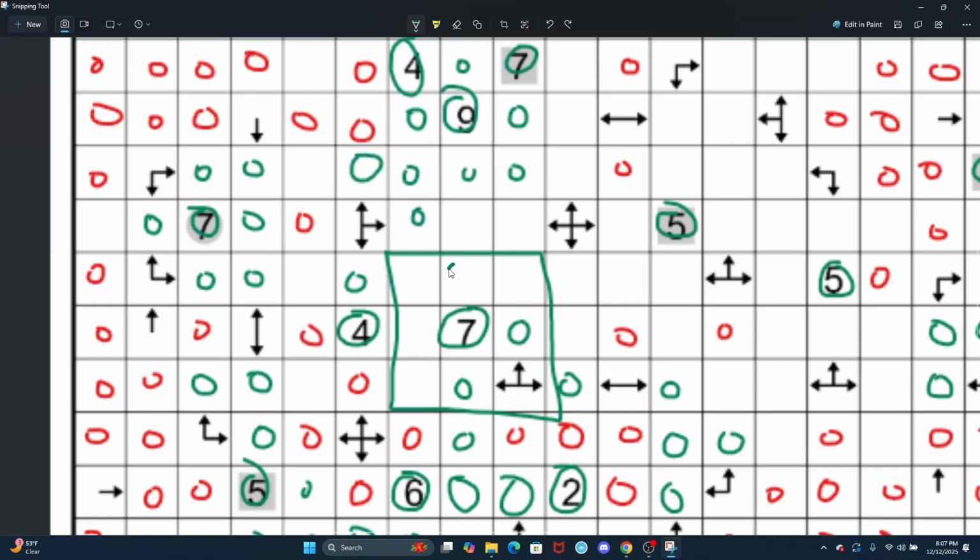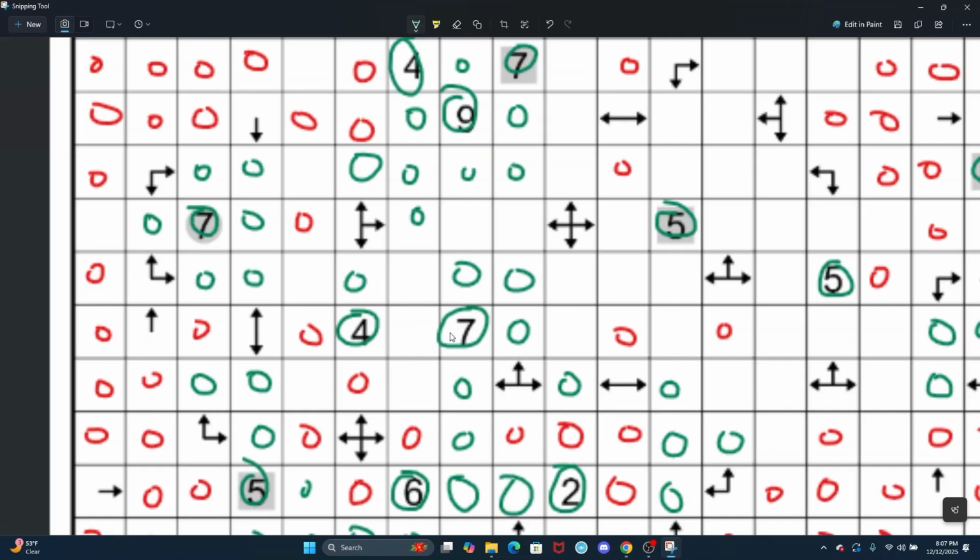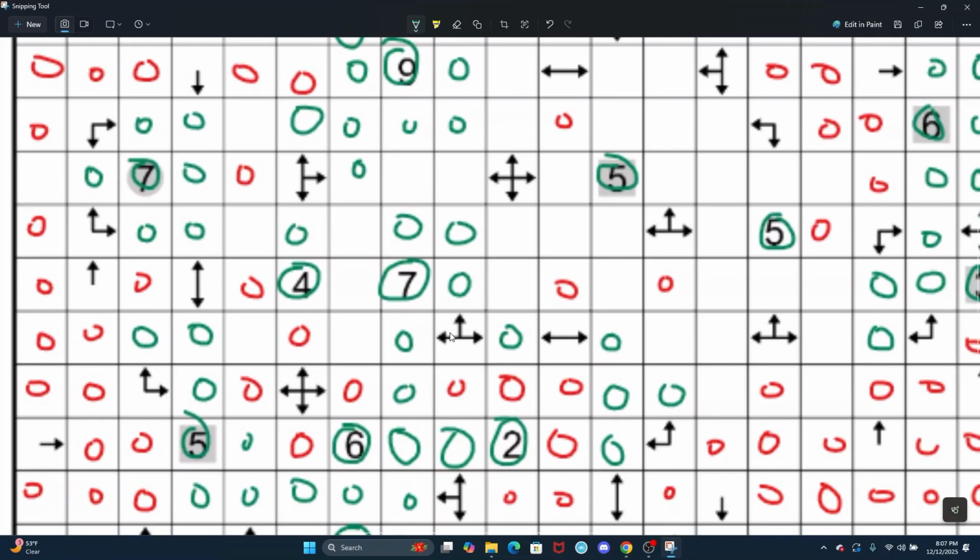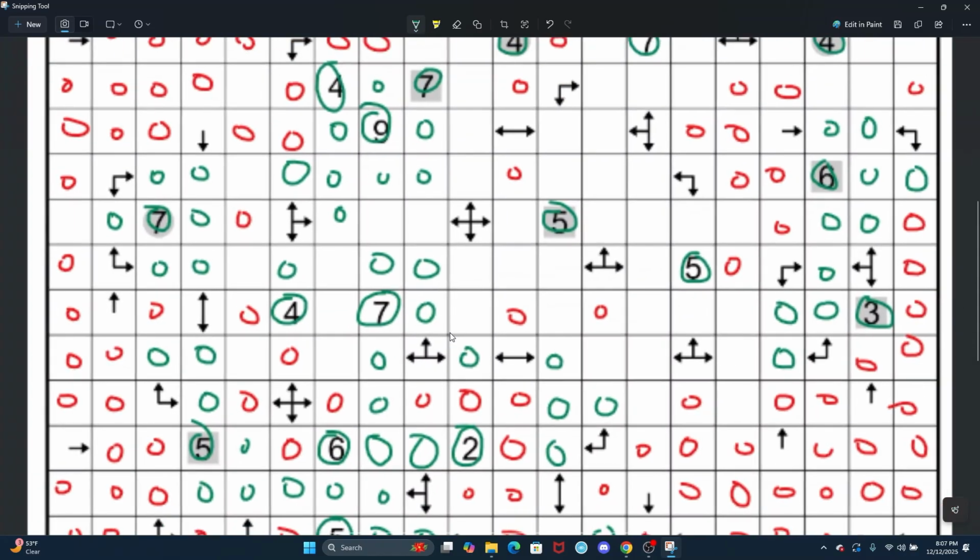So that means that these 2 cells have to be green. And there is 1 between here. So yeah, we can't really decide that right now.